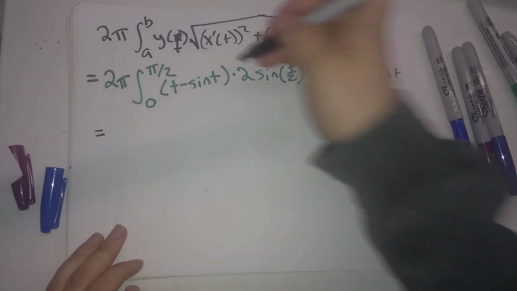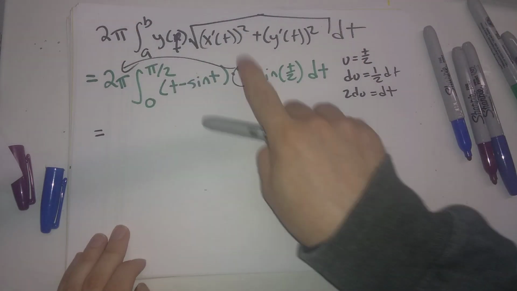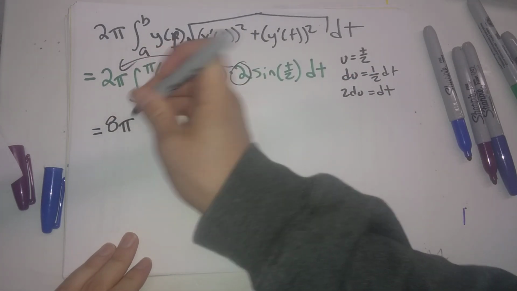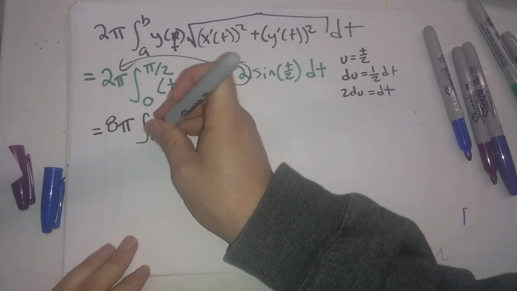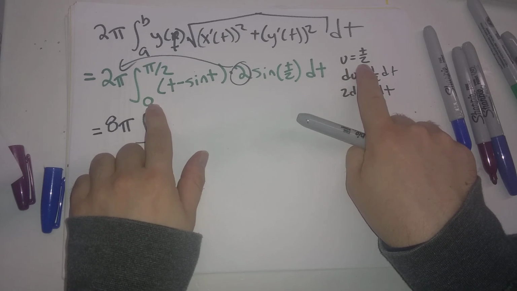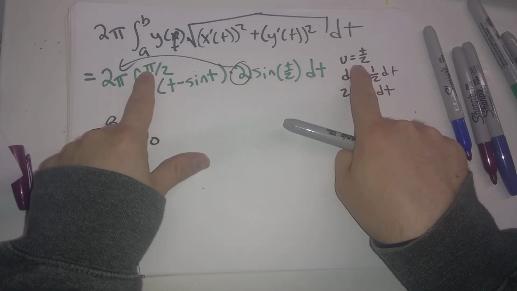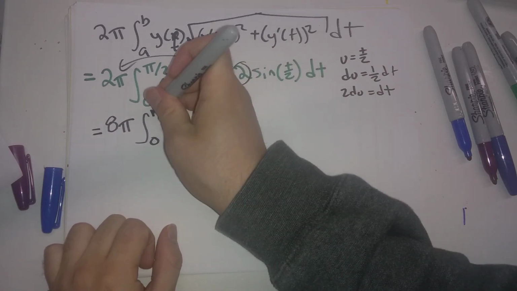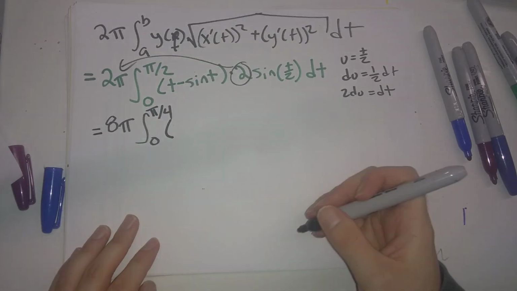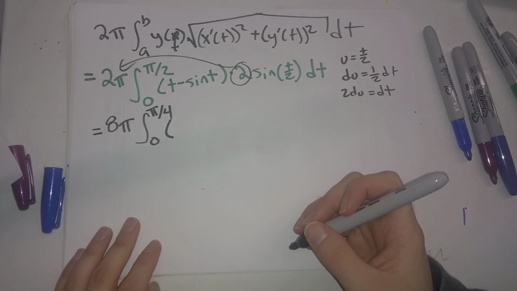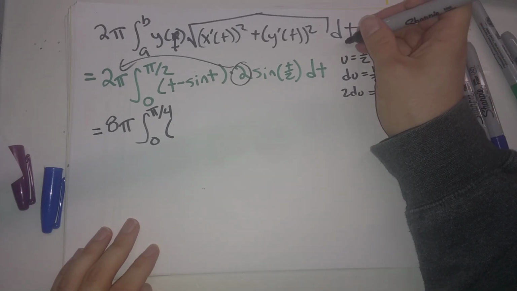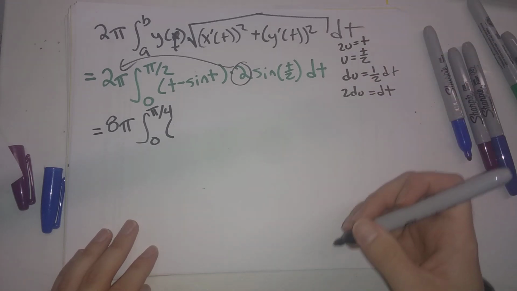And also, this 2 is going to move outside. So that 2 moves outside, there's a 2 coming from here, so it's going to be 8 pi times the integral from 0 to, when t is 0, u is 0. When t is pi over 2, u is pi over 2 over 2. It's pi over 4. Okay, so if u is t over 2, 2u is equal to t.